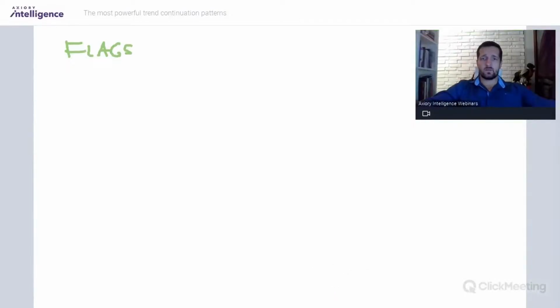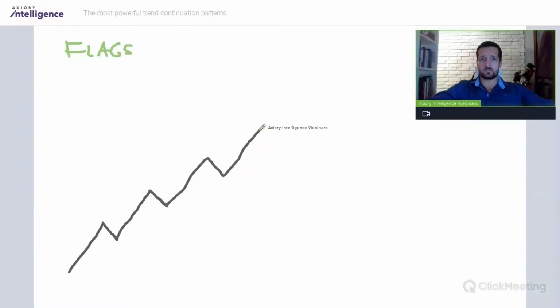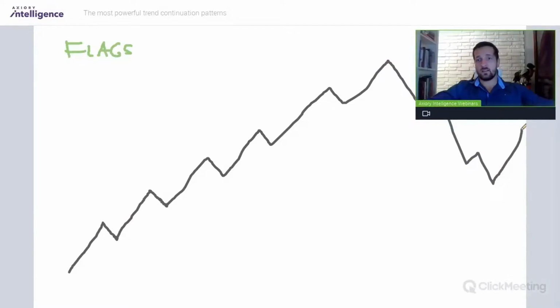So as you know, trends move in the direction, and then you have a correction. You have a main trend, uptrend, correction, uptrend, correction, uptrend, correction, uptrend. Then you have reversal, correction, reversal, correction. Then maybe another uptrend. That's how price moves.